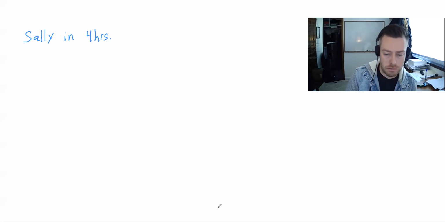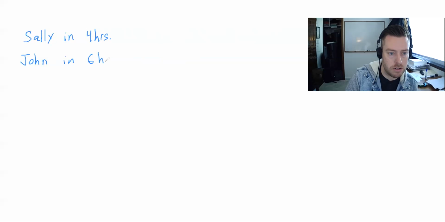So let's say Sally can paint in 4 hours. And then you have, what was his name? John, Jeremy, John, in 6 hours. Okay.